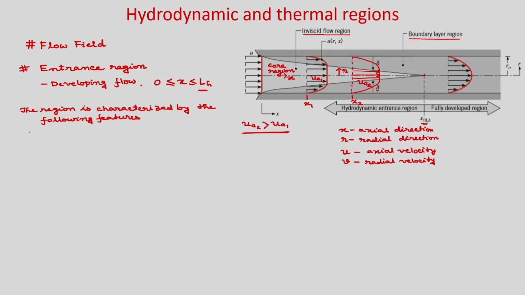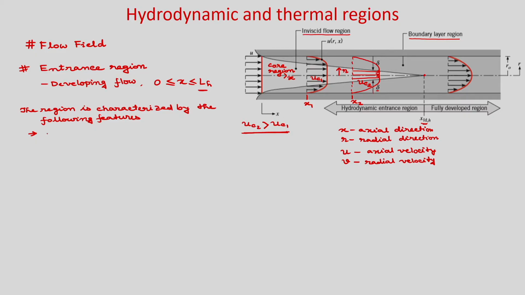First thing is that in the developing region your v velocity, which is your radial direction velocity, is not 0. For that reason your streamlines will not be parallel in the developing region.